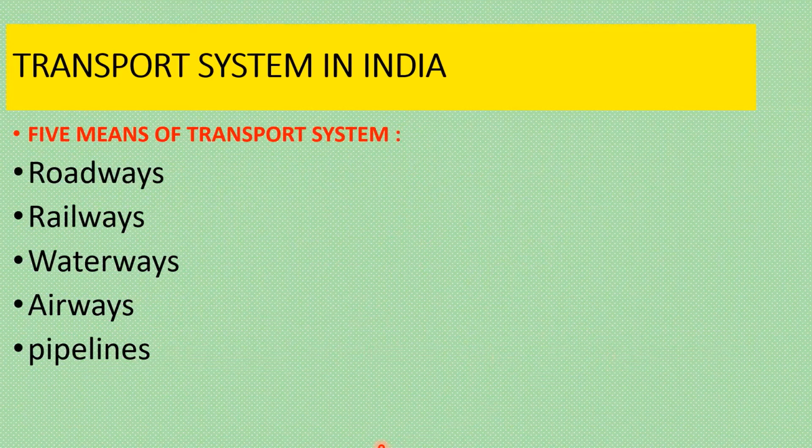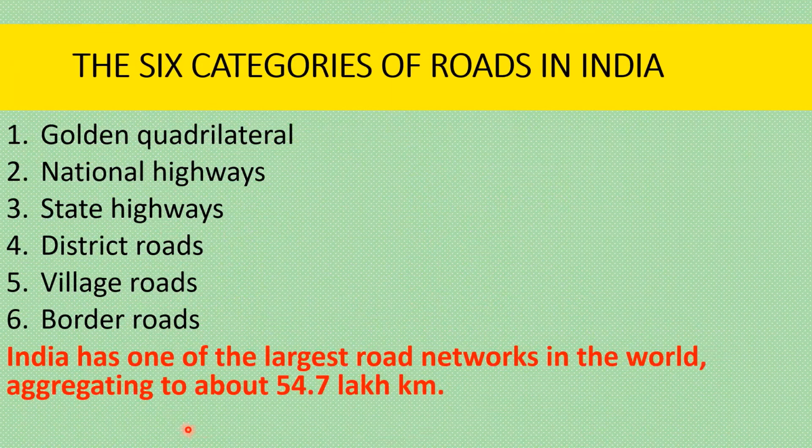Now let's have a look at the transport system in India. There are five means of transport system: roadways, railways, waterways, airways, and pipelines. India has one of the largest road networks in the world, aggregating to about 54.7 lakh kilometers.